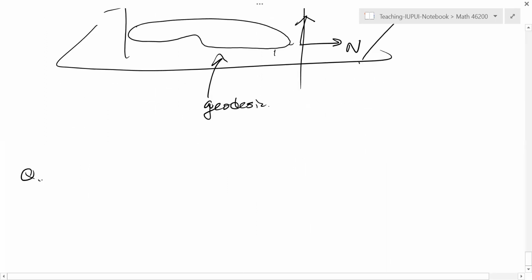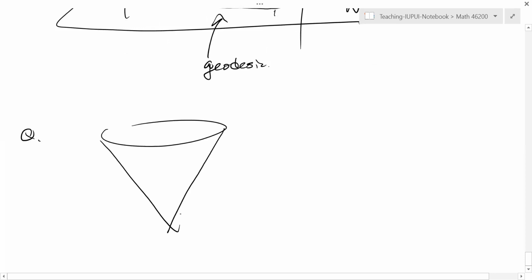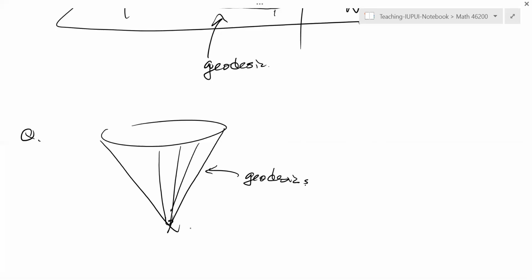We can also take a look at another problem. Here's a cone. Take a look at this cone. I think these straight lines are geodesics, because they are straight lines.